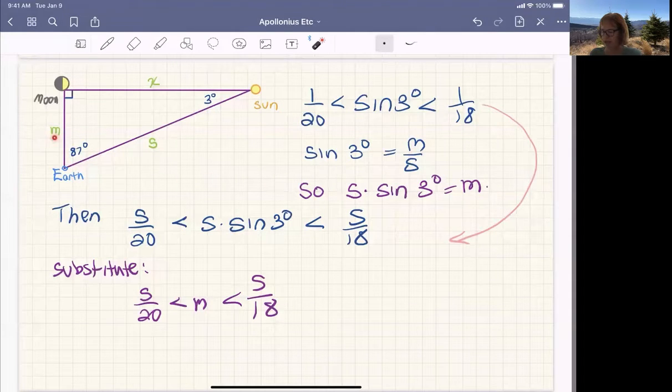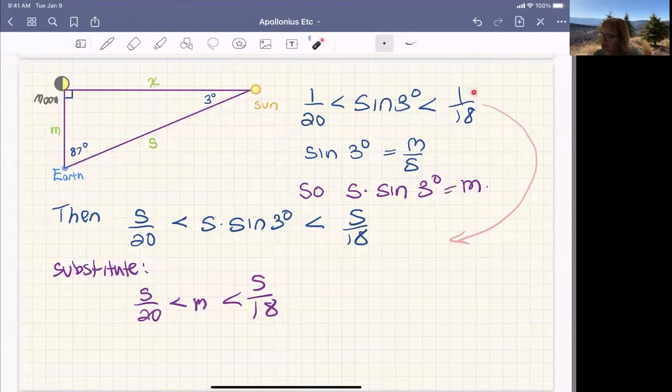So that's opposite over adjacent, where this is 3 degrees. So he wouldn't have used the sine notation, but he would have used this ratio instead. And so the bottom line is, if you multiply both sides by s, you get s times the sine of 3 degrees is equal to m. So the distance to the sun times the sine of 3 degrees is m, where the sine of 3 degrees is between this and this.